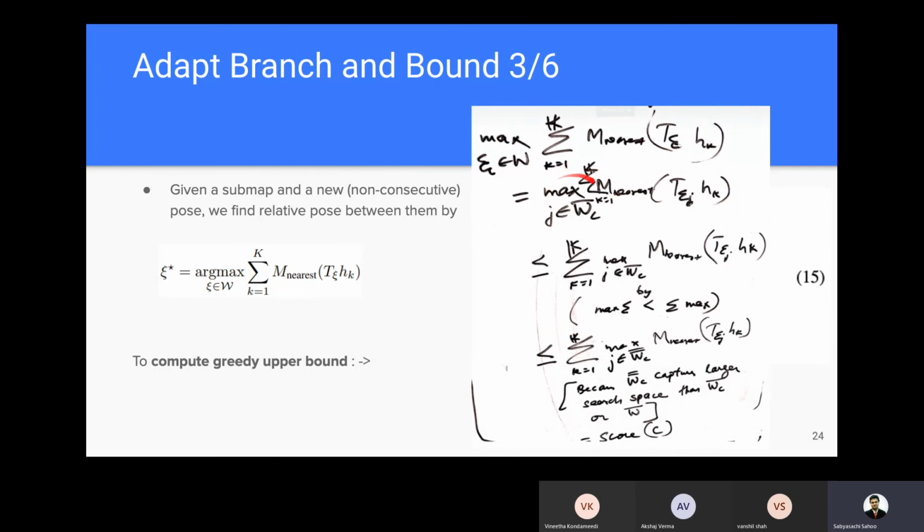Now you can convert this and say that a max of sum is actually less than sum of max. So this equation is actually less than this.